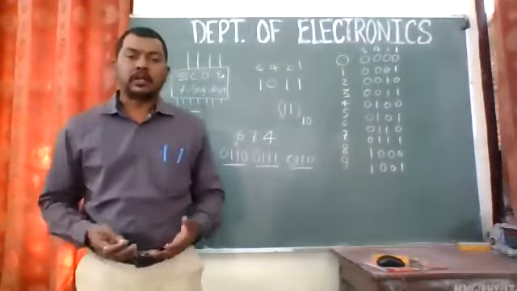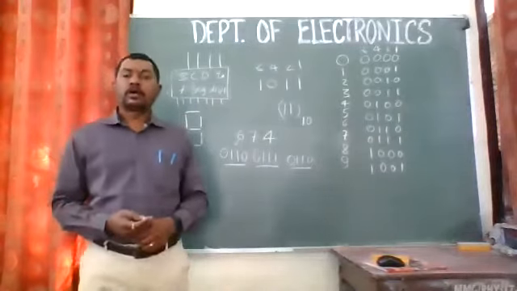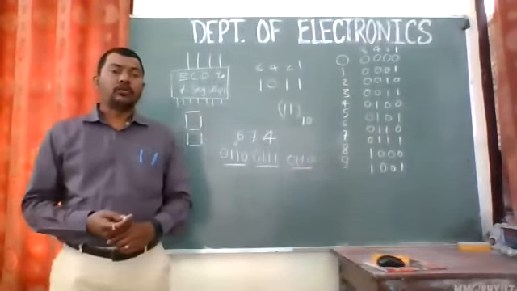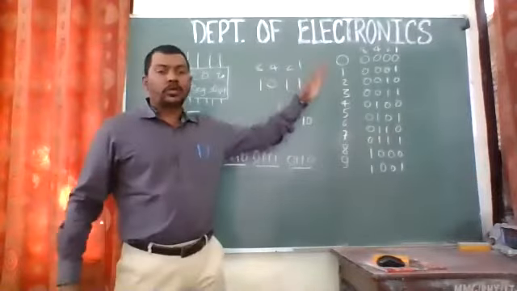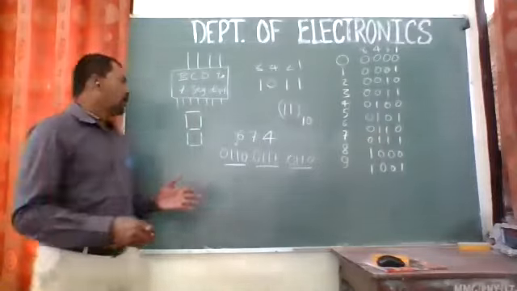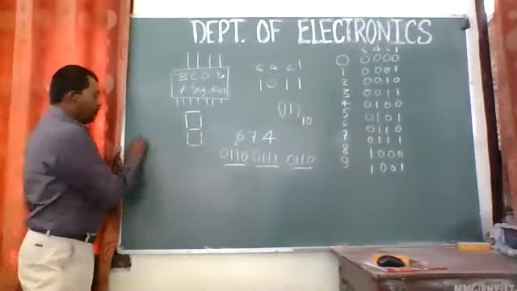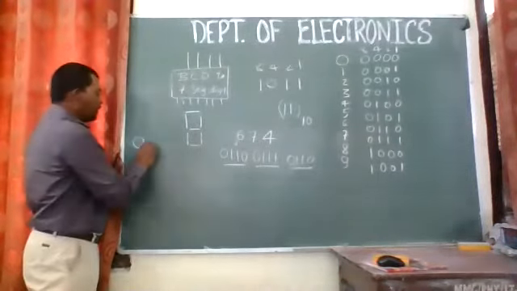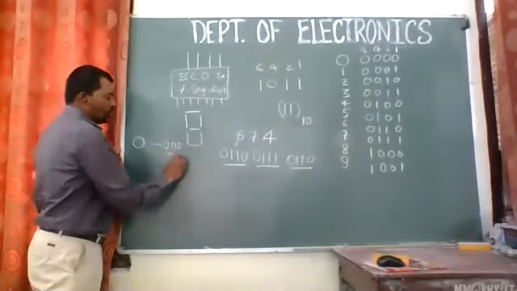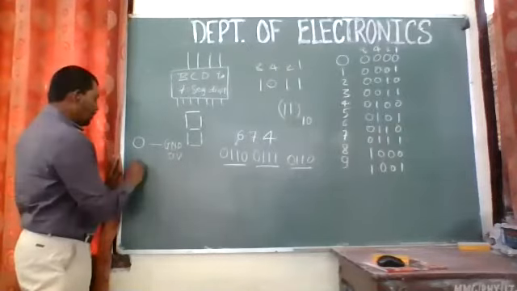Similarly, in the next coming classes we are going to study some logic gates and all. In that, I am going to tell you what is zero and what is one. So you can understand a zero in binary can be taken as the ground or a zero voltage, right?